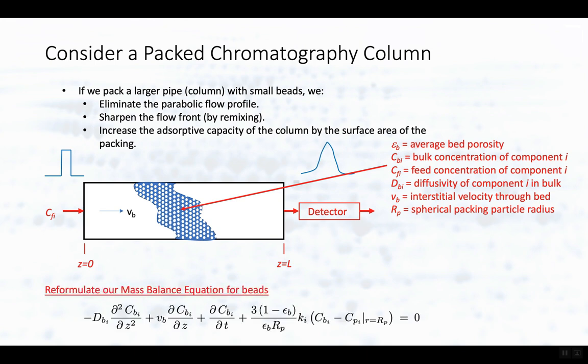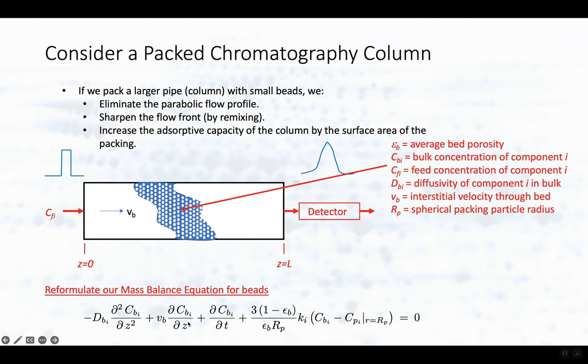Okay. So we have to change our mass balance a little bit because we've got a packed column, and that really comes into this term that we add in. Okay, we have our temporal change, we have our axial advective flow, we have our axial diffusion here.